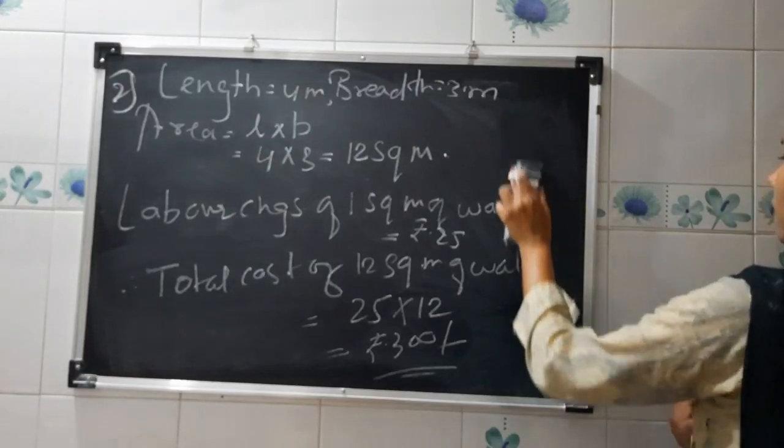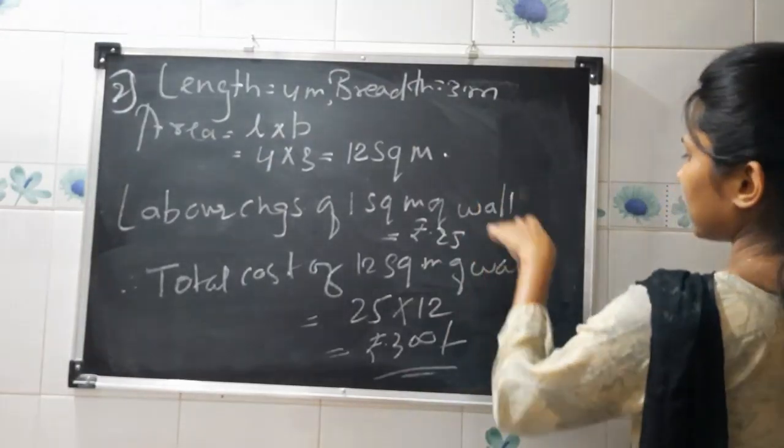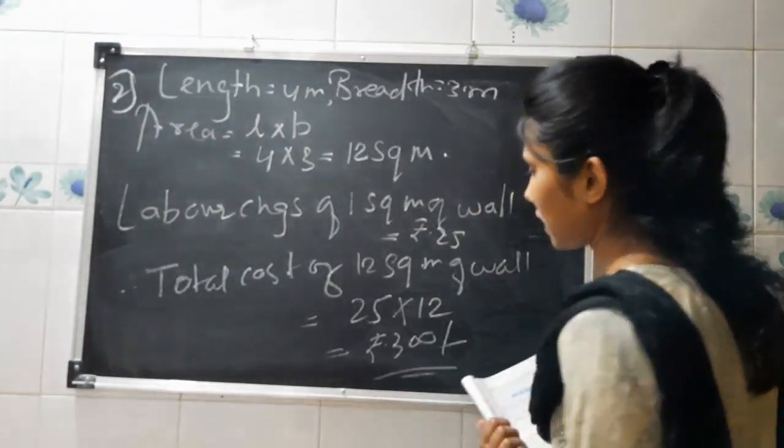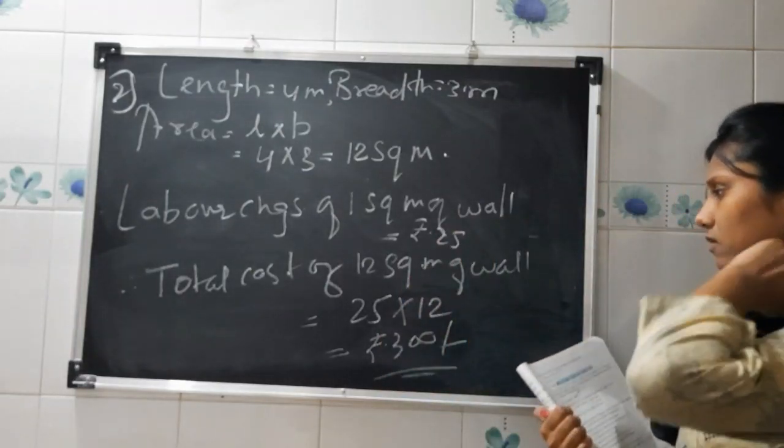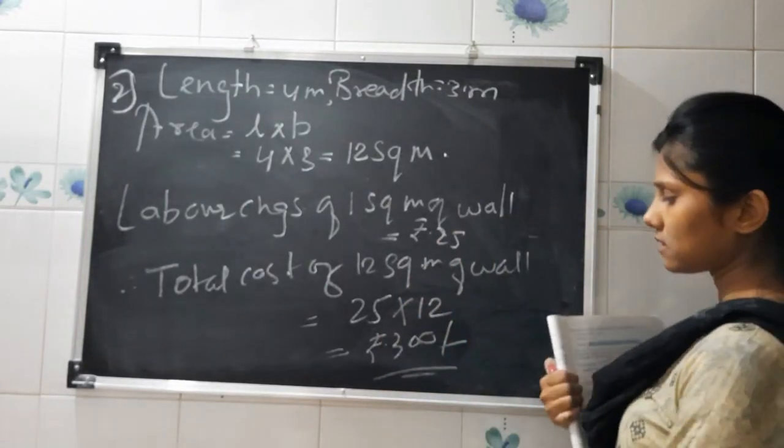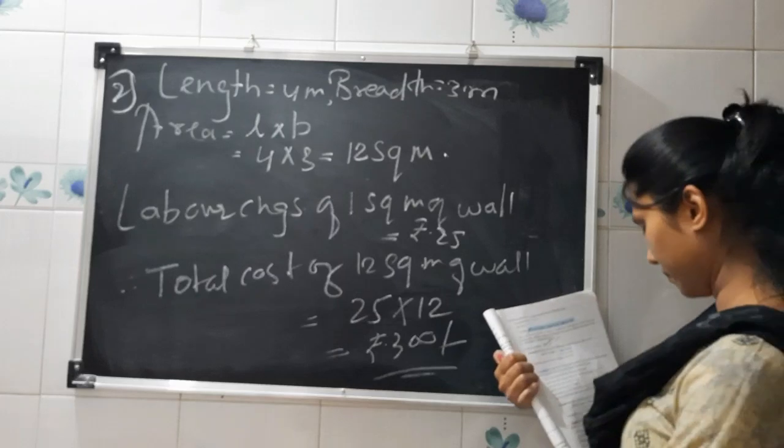Okay, so the total cost of labor charges of the 12 square meter wall is 300 rupees.